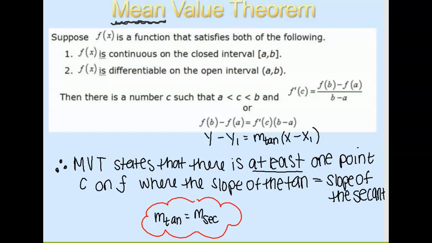Mean means what? Average. So it's kind of like the average value theorem. This is the average slope.